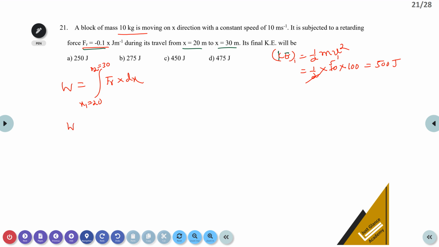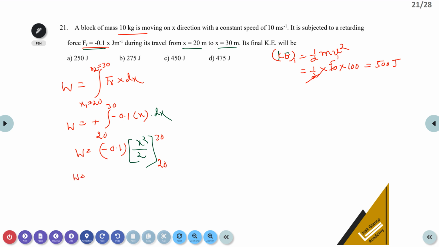Substitute: work done equal to minus integral from 20 to 30 of 0.1 x dx. The minus sign represents the retarding force here. Integrating, it equals minus 0.1 into the bracket of x square by 2, from 20 to 30.